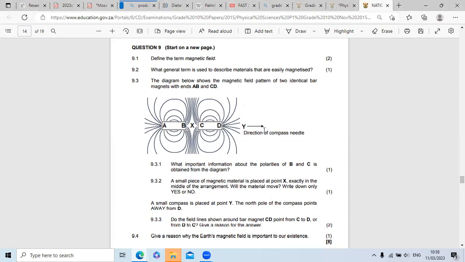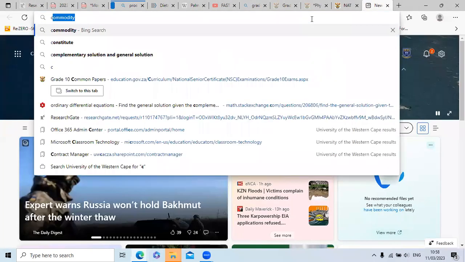I'm not 100% sure, so let me just Google a compass right now.